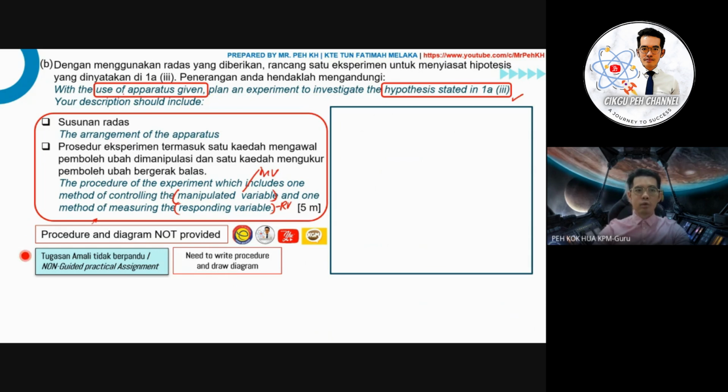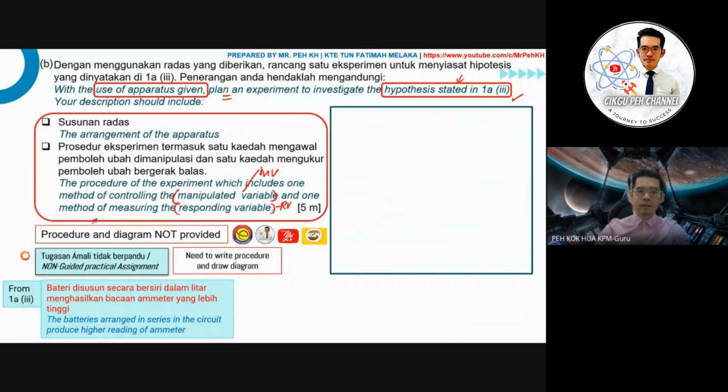You need to use the apparatus given and plan an experiment to investigate the hypothesis in 1A3. The hypothesis we already did just now is answered like this: the battery arranged in series in the circuit produces a higher reading of the ammeter. So the MV will be the arrangement of the battery in the circuit, and the RV will be the reading of the ammeter. However, if you go through the checklist, we are actually not provided with the ammeter.